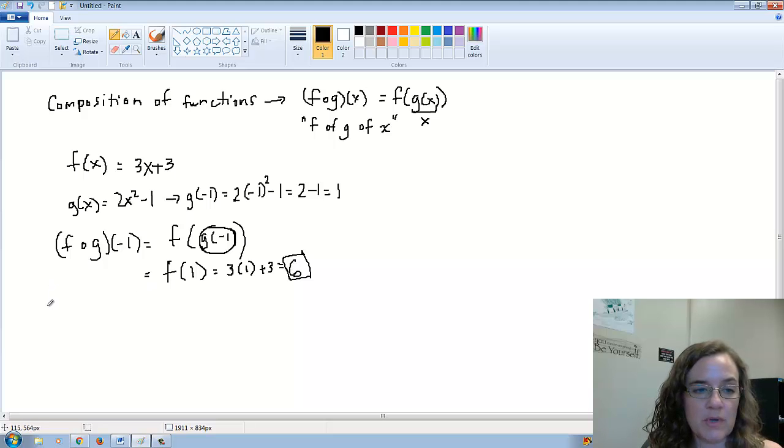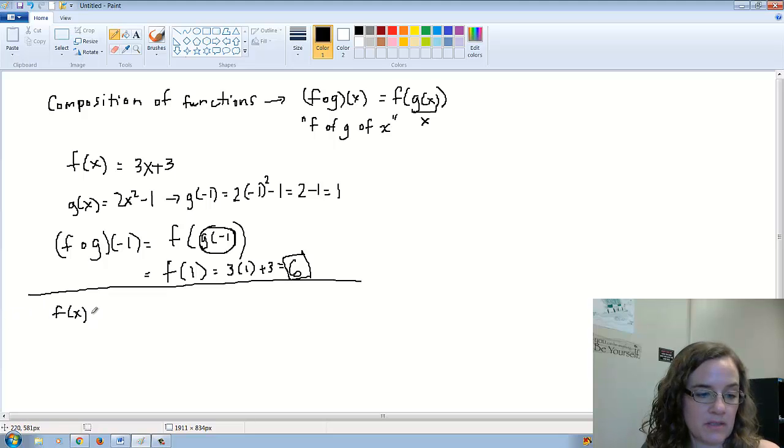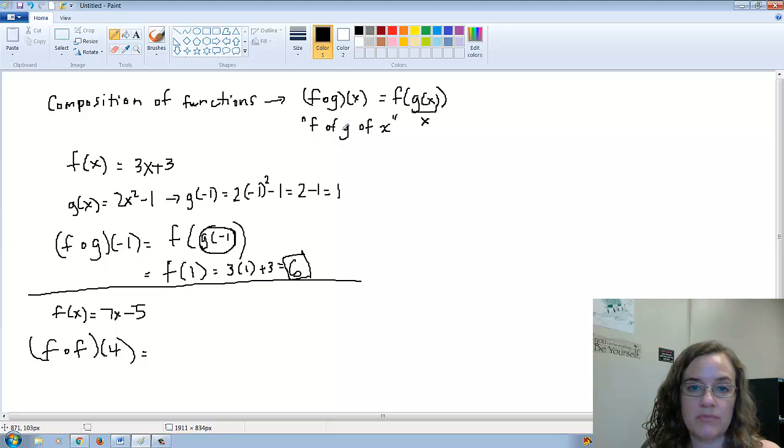Now, sometimes you might just be given one such as this, where you have f of x is 7x minus 5, and you're told to find f of f of 4. So using that definition up here, this is the same thing as saying f, and then we're going to put the f of 4 inside of it. It's very weird, but so be it.